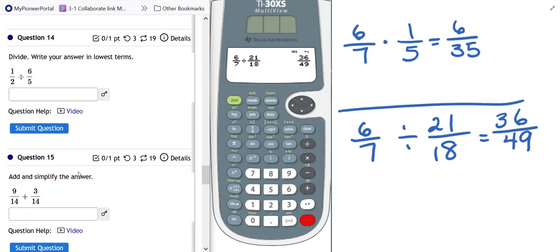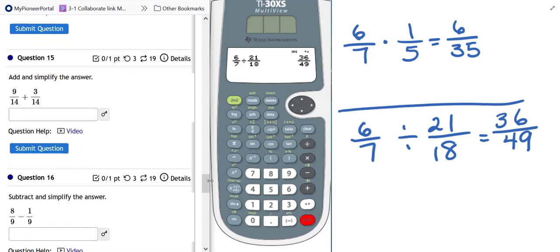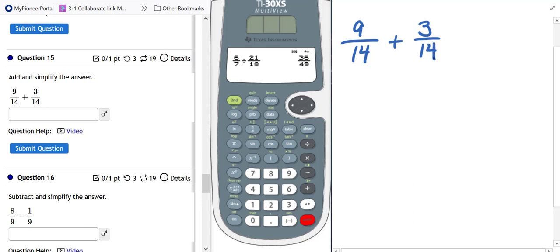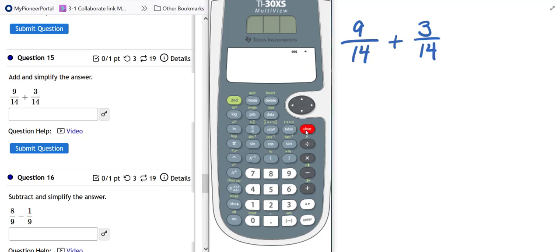It's another division. Now we have addition. It's really going to work the same way on the calculator. So 9 over 14 plus 3 over 14. This one's easy enough to do in your head. When you have the common denominator, you can keep it and combine the numerators.